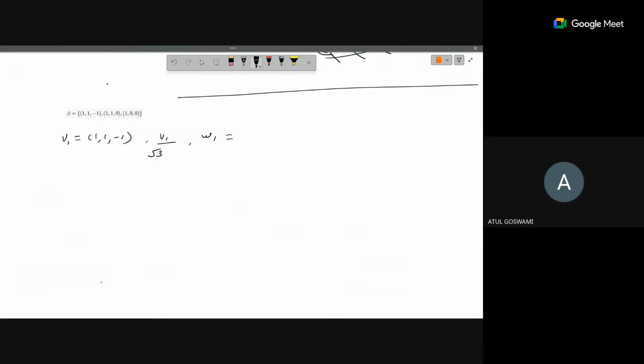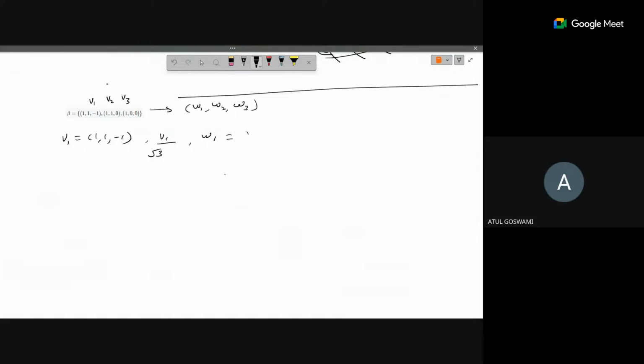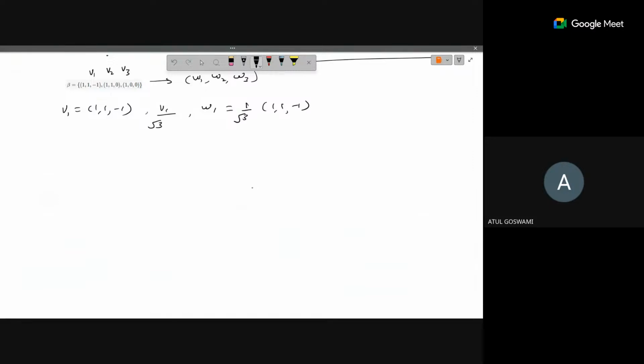These vectors are v1, v2, v3, and we are converting them into w1, w2, and w3. So w1 is 1 by root 3 times (1, 1, -1), and v2 is (1, 1, 0).